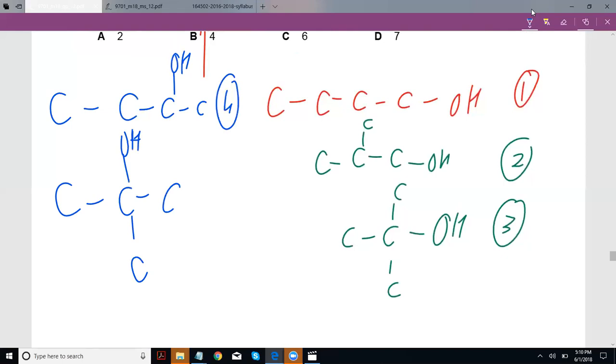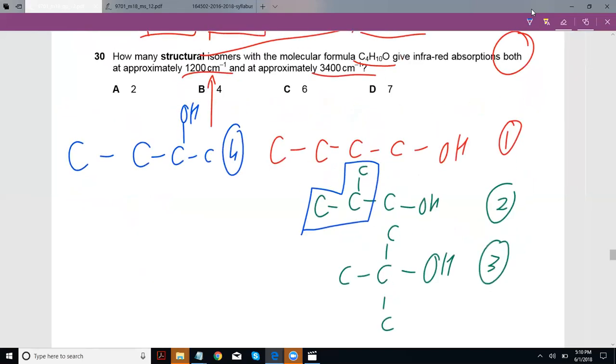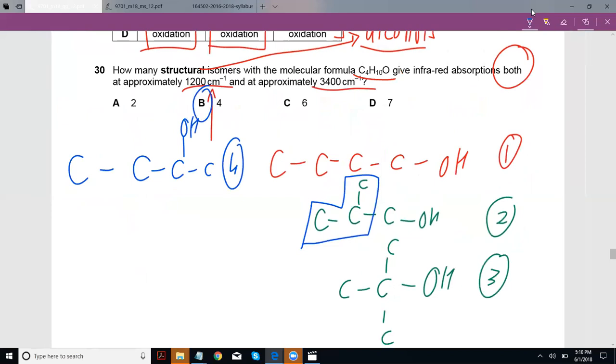And in fact, in this case, I have, because I've already drawn a tertiary alcohol. So I can't think of any more. I was never very good at these questions though. I believe it'll be B.